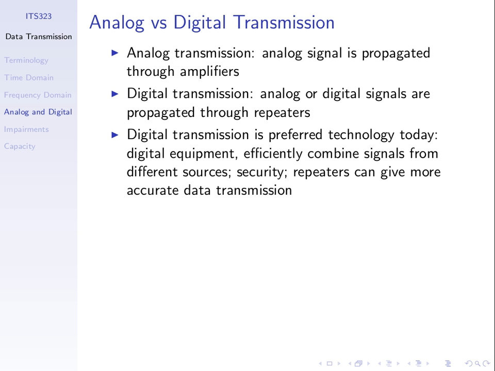Let's try the example of our audio system in this room. What's the input to this? When I'm lecturing, what type of data? When I'm talking, I'm creating analog data. The microphone takes the audio, the vibrations from the audio, and generates a signal.